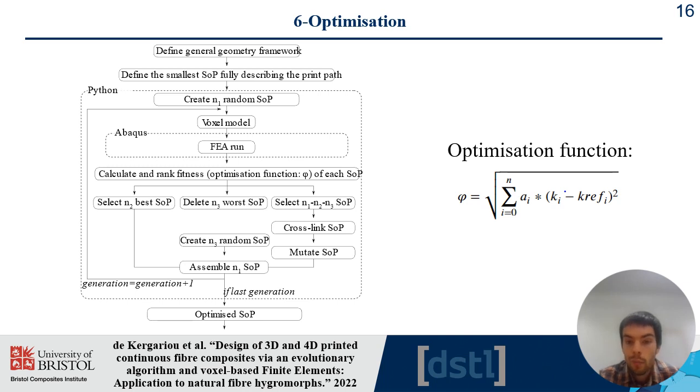And we are playing on the amount of best SOPs selected, worst SOPs deleted, and the ones which were cross-linked and mutated, in order to see how we can converge as fast as possible to a global or local optimum for our optimization. We ran this loop several times until we obtained a SOP that we were satisfied with, and we defined a criterion to be satisfied previously to the implementation.